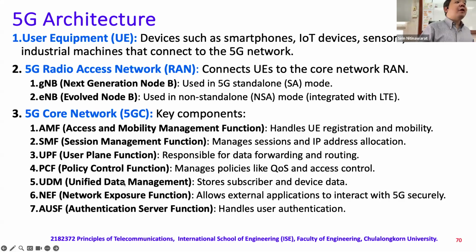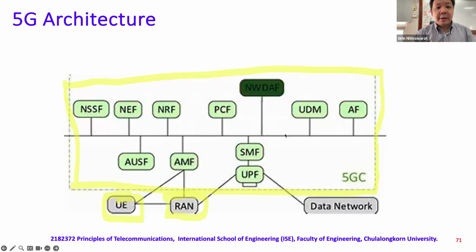What does that remind you of in 4G? Which entity of the 4G core network stores your subscription information? It is the HSS, right? Home subscriber system or service. So you see these different entities in the 5G architecture.